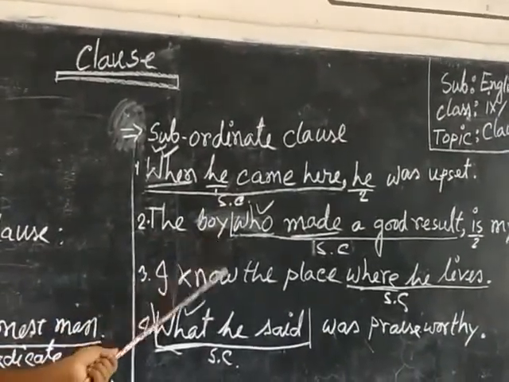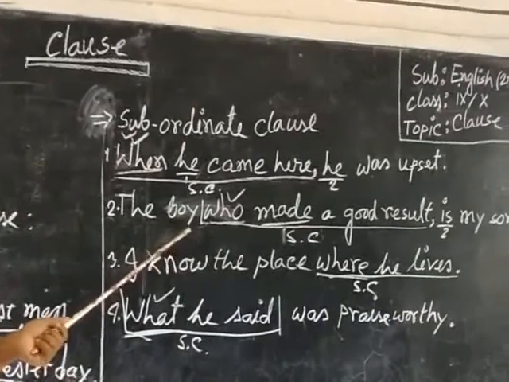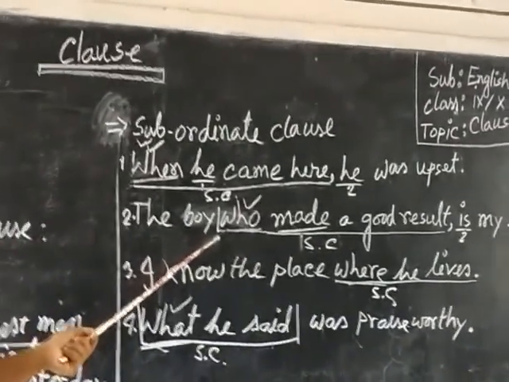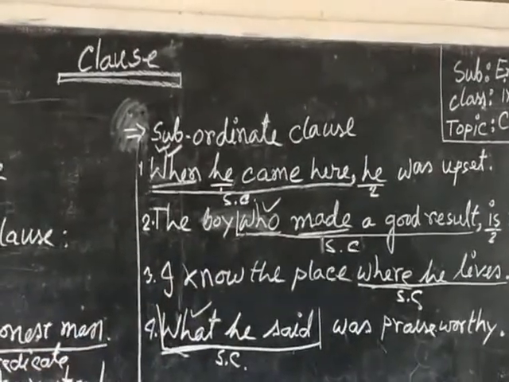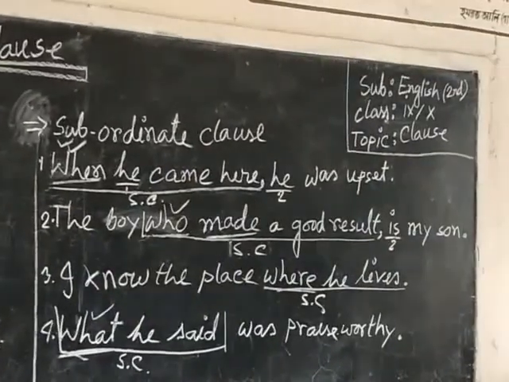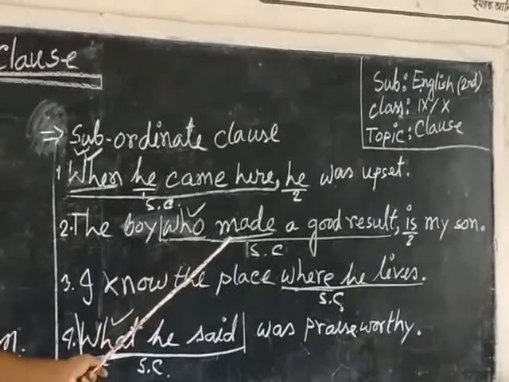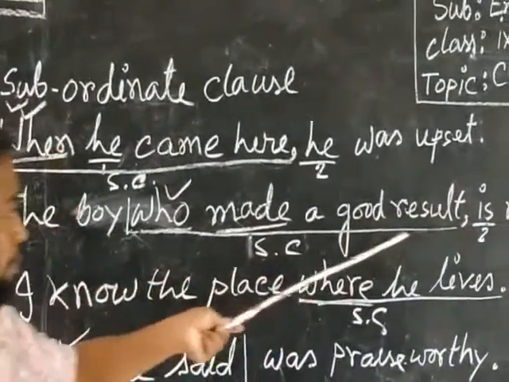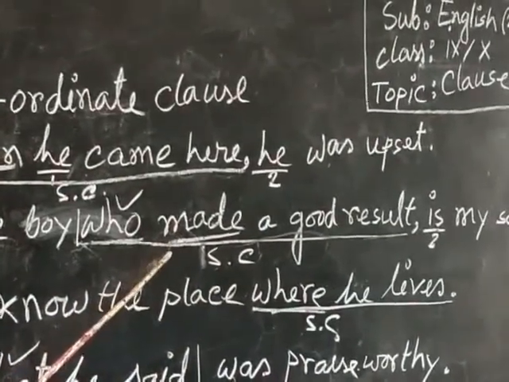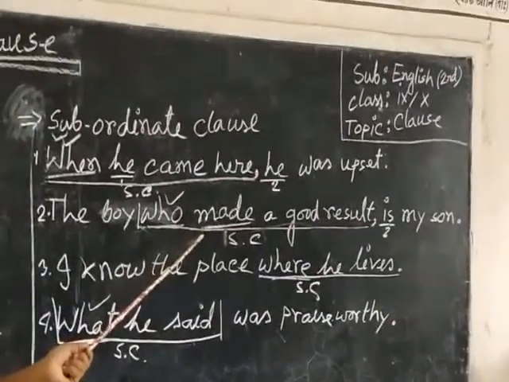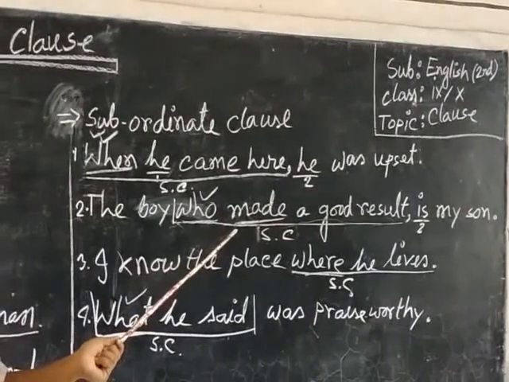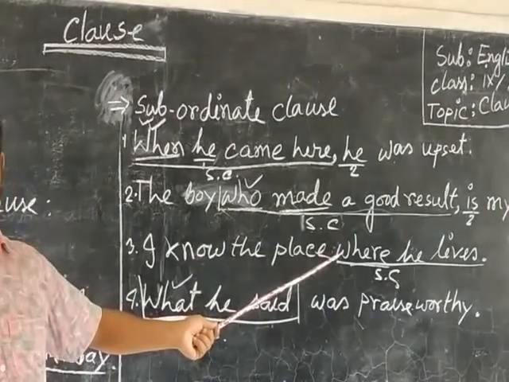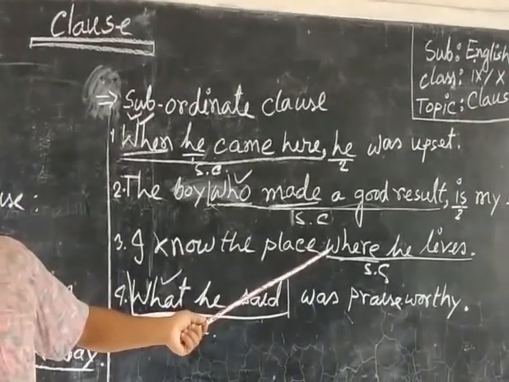Number 2, if we do not have two subjects, there we have to identify two finite verbs. From the conjunction, foremost the second finite verb is the subordinate clause.